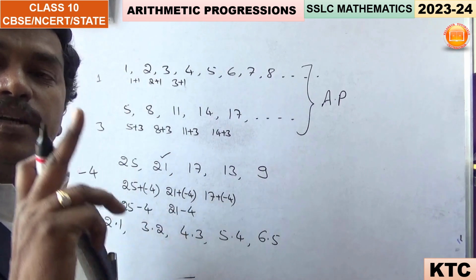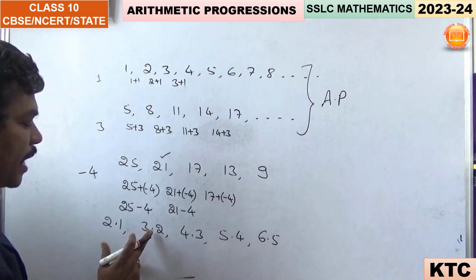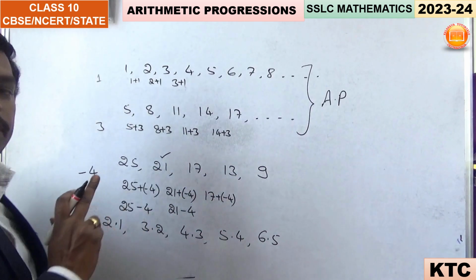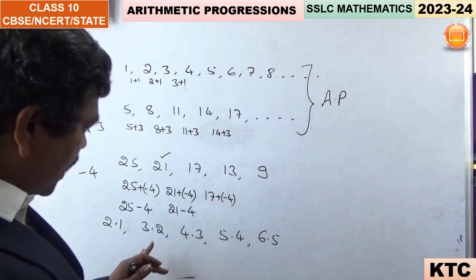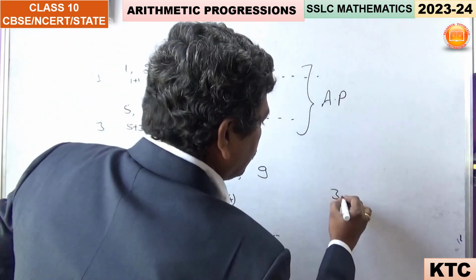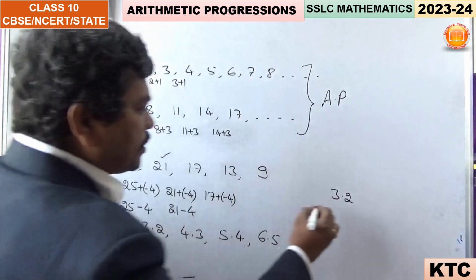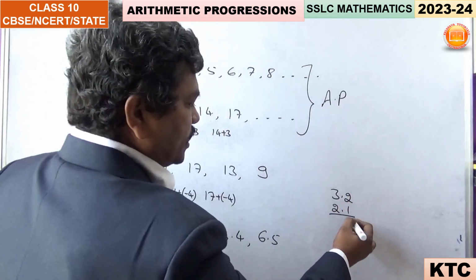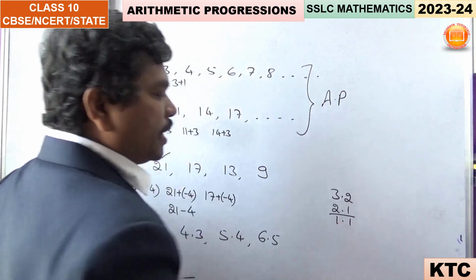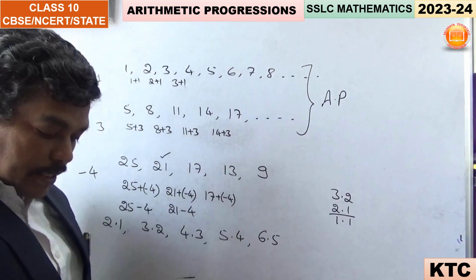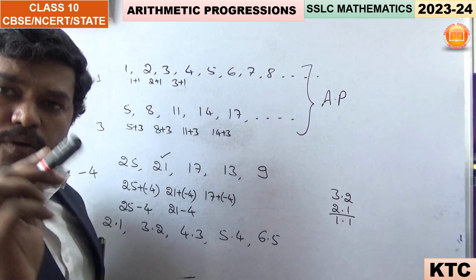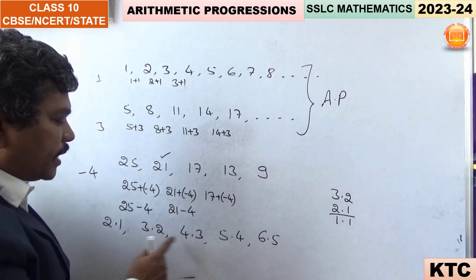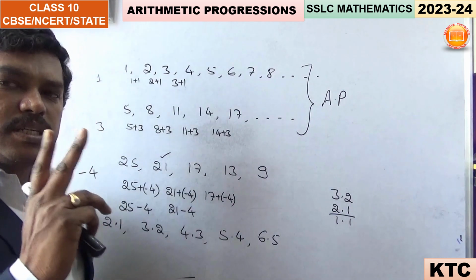You find that fixed number by subtracting the preceding term from the successive term. You see here, from 3.2 you subtract 2.1. You get how much? 2 minus 1 is 1, 3 minus 2 is 1, so 1.1. Then is it a fixed number or not? We have to confirm that by subtracting another two consecutive terms.